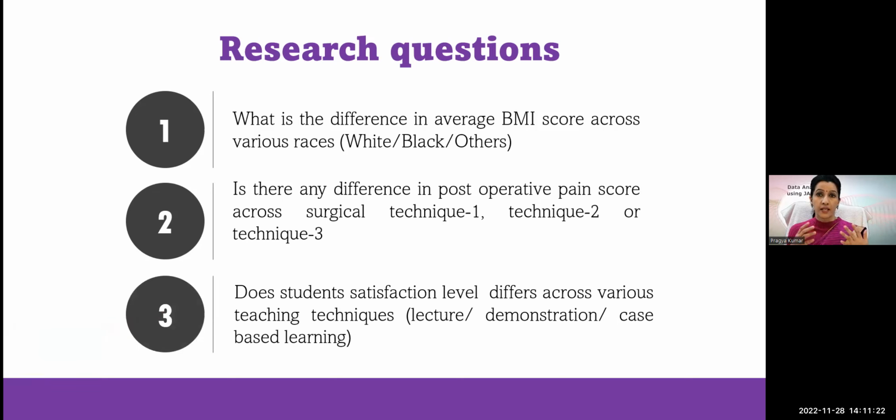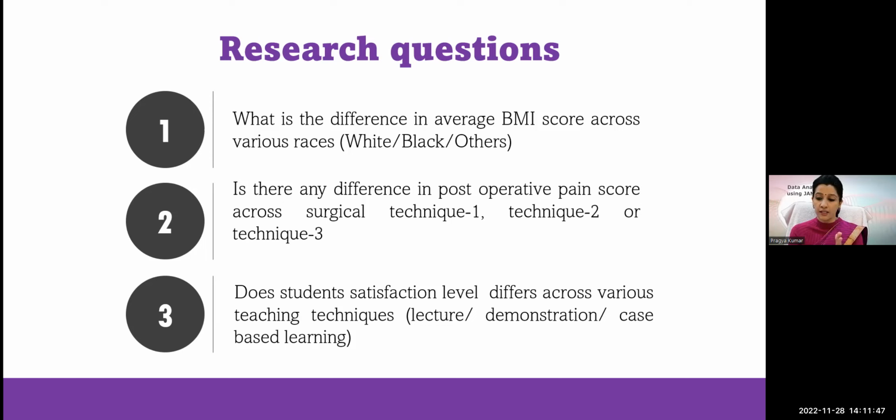Or does the student satisfaction level vary across various teaching methods? And the various teaching methods are lecture, demonstration, and case-based learning. So there are more than 2 categories, and here there are 3 categories. And the continuous variable in this case is the student satisfaction level.